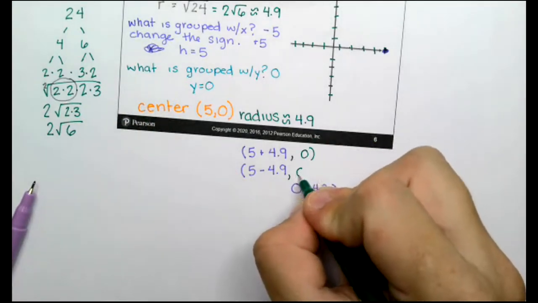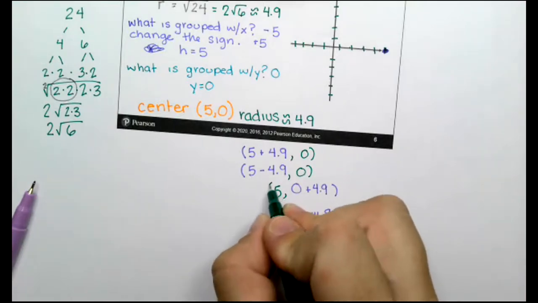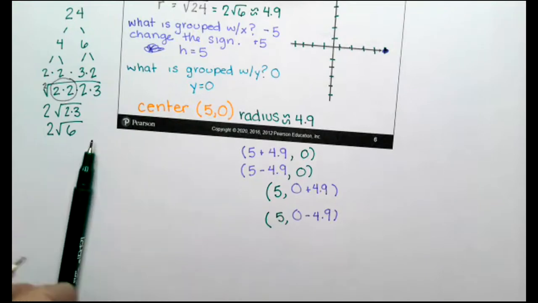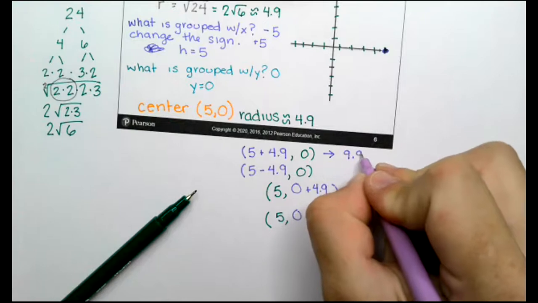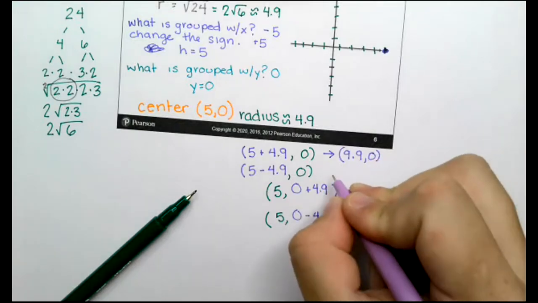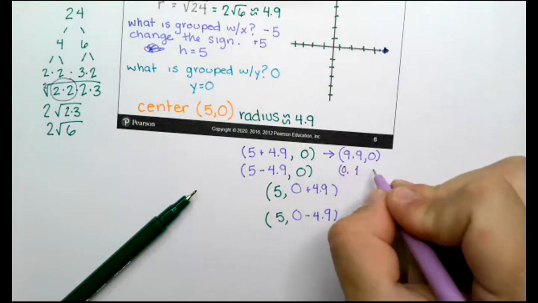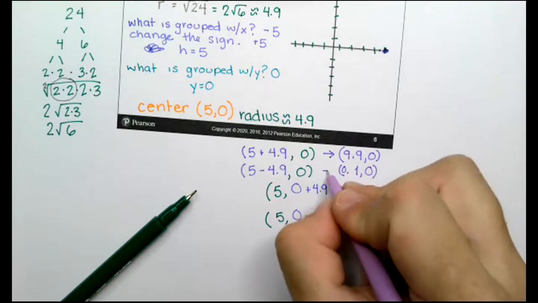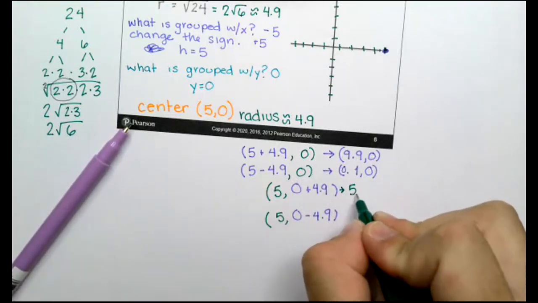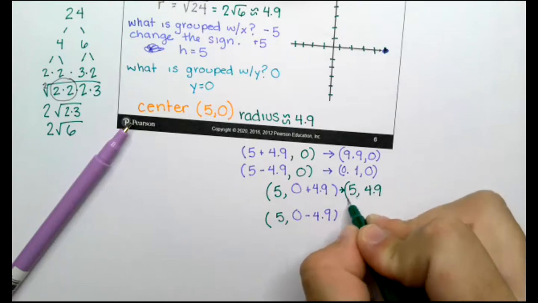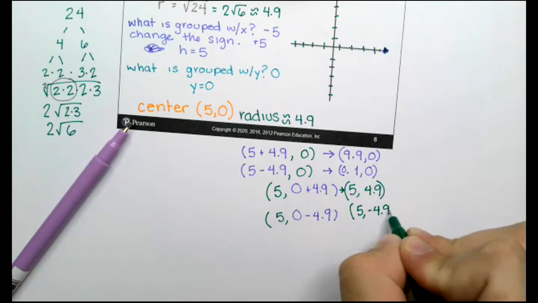So (9.9, 0) would be one of my points. (0.1, 0) would be another point. (5, 4.9) would be another point. And (5, negative 4.9) would be my other point.